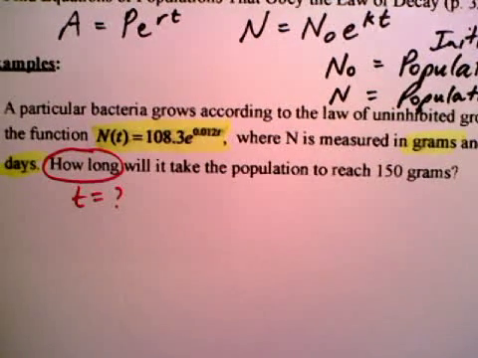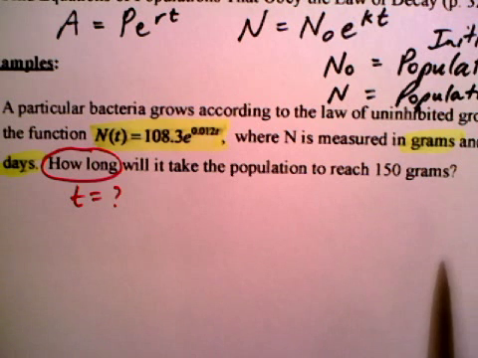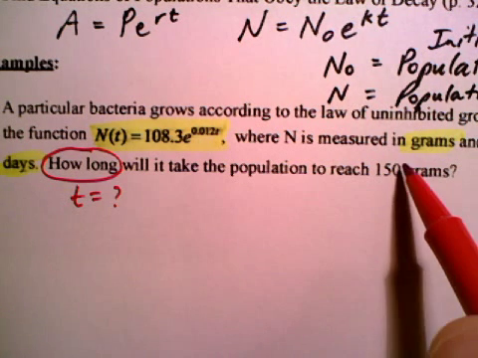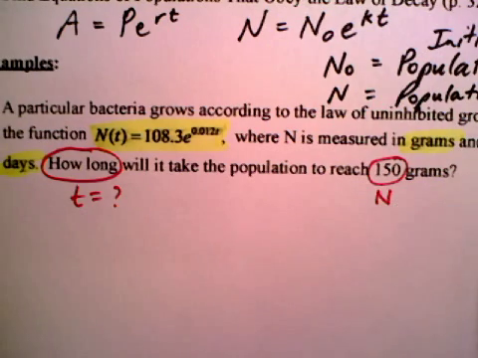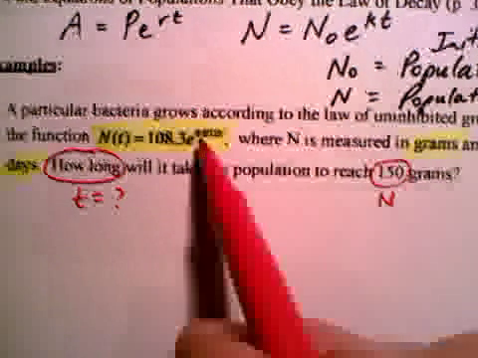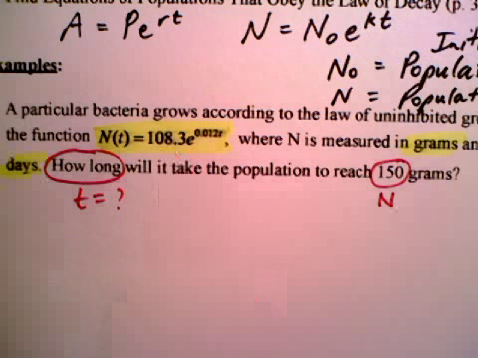Will it take the population to reach 150 grams? Okay. So 150, that's our N. And you can see since the K and the N sub 0 were already filled in, it's just a matter of filling in the details in the right order.